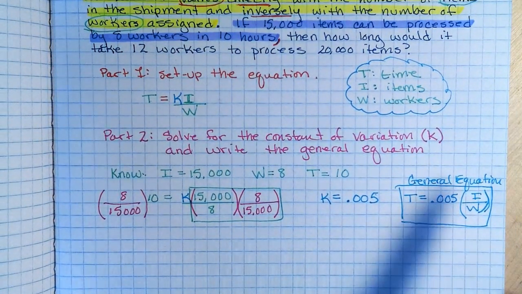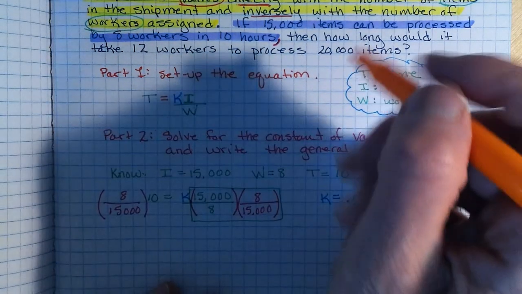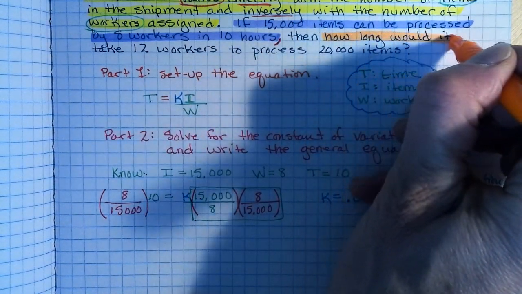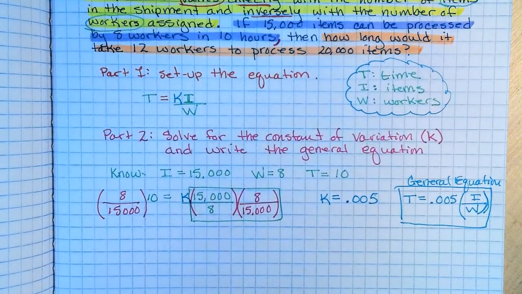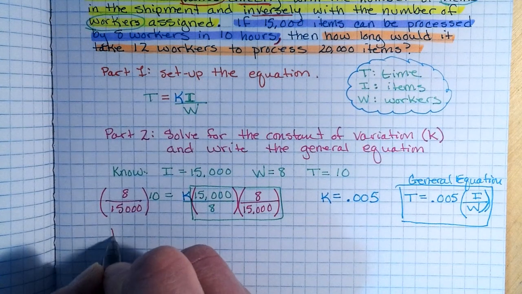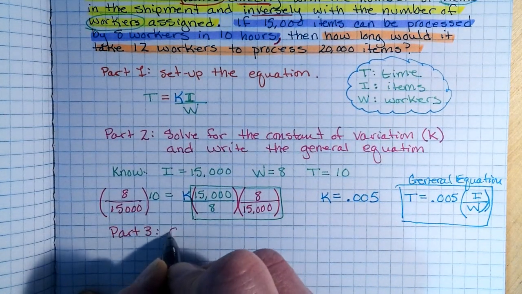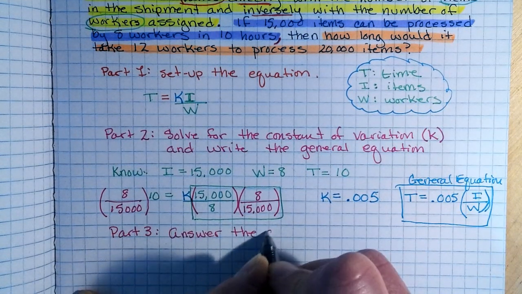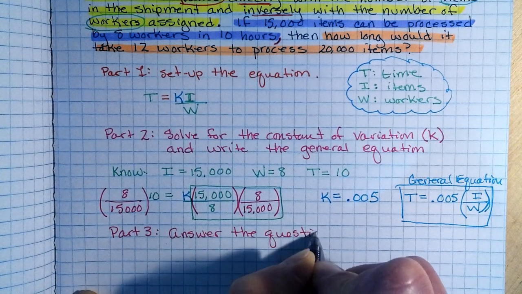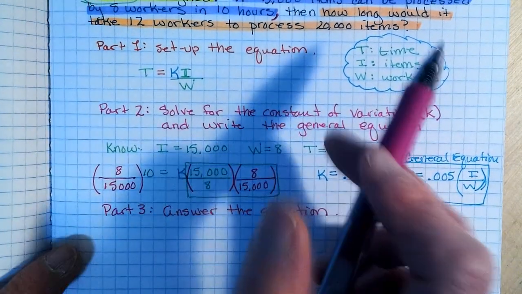So now the last part, which is right here: how long would it take 12 workers to process 20,000 items? That last part, which is part 3, is answer the question. Okay, so what do we know there? What did they give us here?